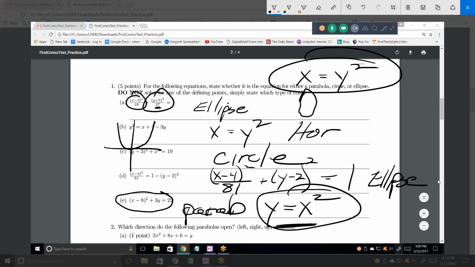So you've never even encountered an x equal y squared until you got to conic sections. And that's what matters, whether it's horizontal or vertical. If it's of the form x equal y squared, or if it's of the form y equal x squared. Okay.